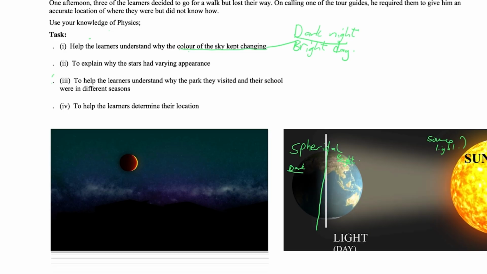The same applies to the sun, which is our star, and our planet Earth. The part of the Earth that is lit up by the sun's light receives daytime. Then the other end that does not receive the sun's light becomes the night. This night is characterized by darkness.